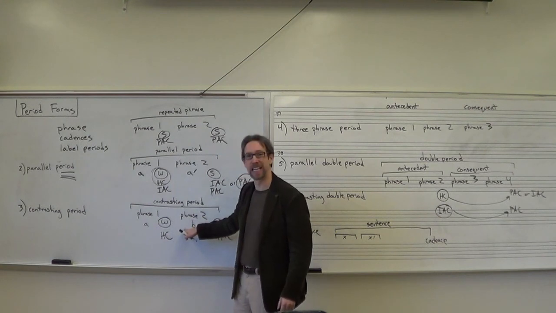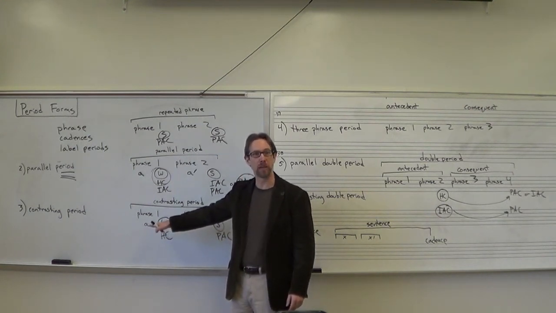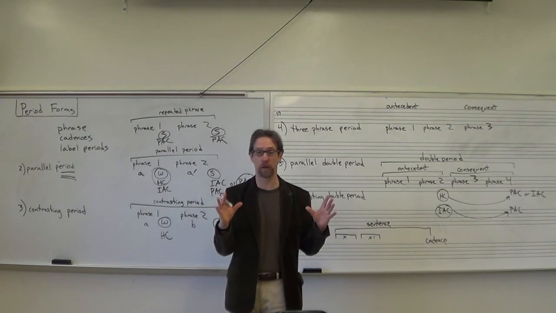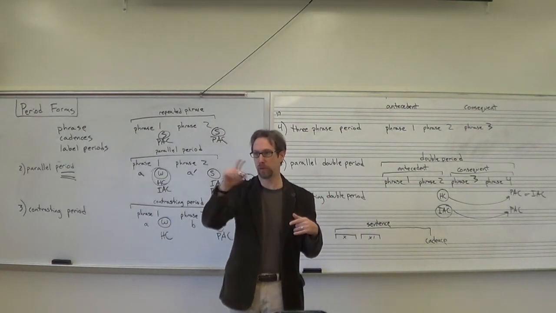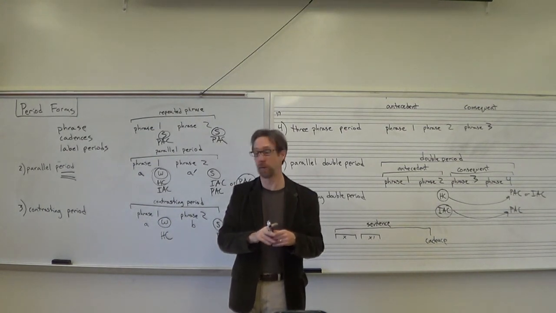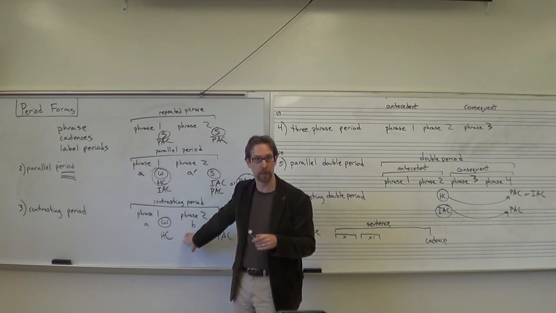This one starts with an ascending scale. This one has more of a dotted, a quarter eighth note rhythmic structure. So when you're analyzing, you can often just look at the rhythmic structure first, and then look at the contour of the melody to see whether there's a similarity or a difference. When there's a difference, we're talking about a contrasting period.